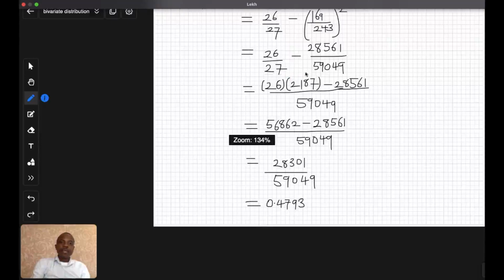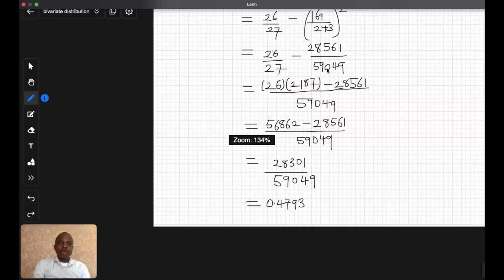And so the LCM of the two of them is 59,049. Then you divide 59,049 by 27, you get 2,187. You multiply by 26, that gives you 56,862.